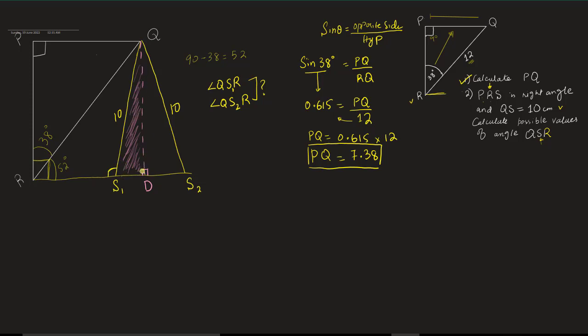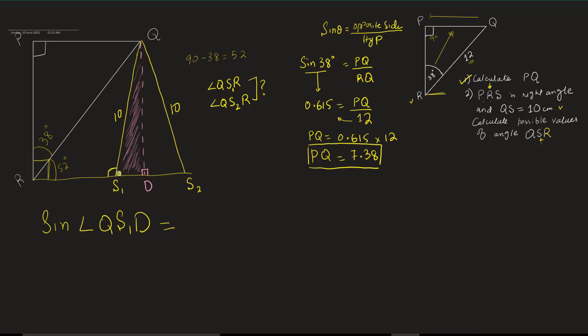If we apply the sine, sine of angle QS1D is equal to the opposite side over the hypotenuse.